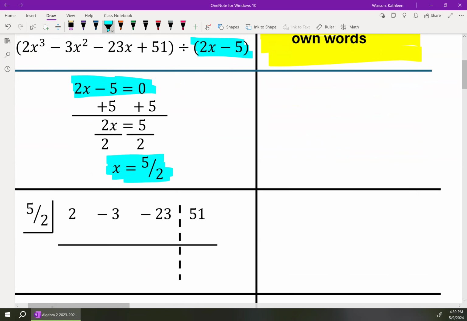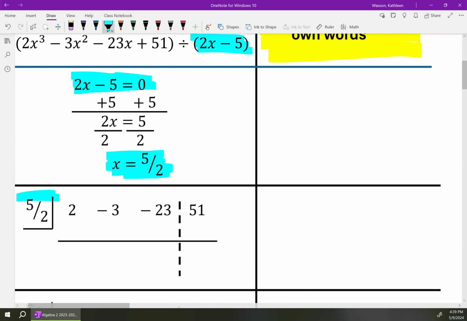So then you write your divisor, well, the number, on a little shelf. So this goes here.